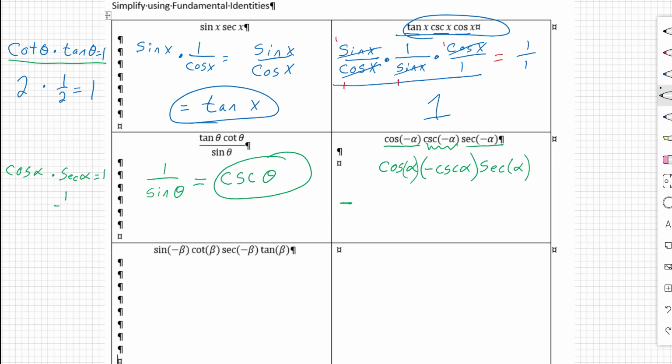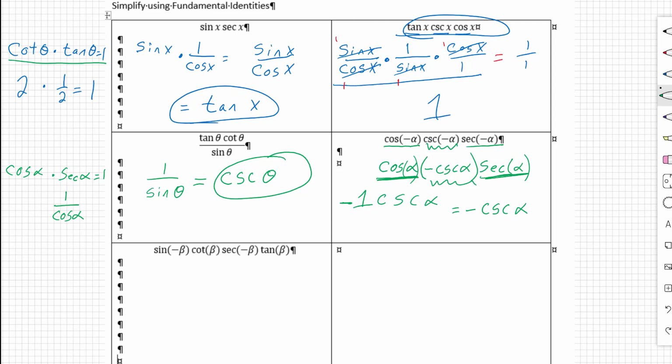Or if you need to see it written out, cosine of alpha times secant of alpha is the same as cosine of alpha times 1 over cosine of alpha. So again, that's going to be 1. So combining the cosine and the secant gives me a 1. And then that just leaves behind this cosecant alpha. So our final answer, negative 1 times cosecant alpha, is just negative cosecant alpha.